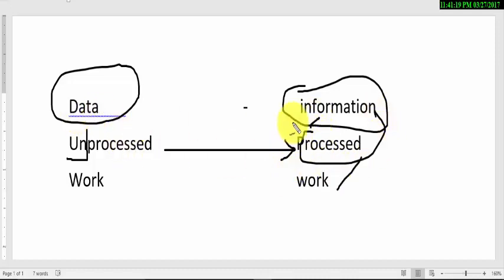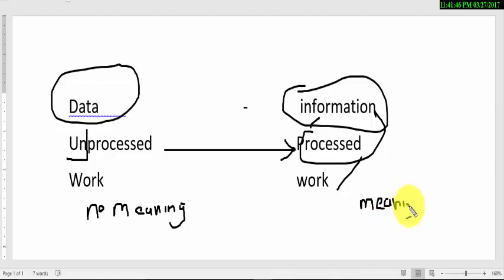So the difference between data and information is that data is something which has no meaning. In short, data is work which has no meaning; sometimes we say it is useless. Information means that our work has meaning, so we are able to understand what is on the computer.